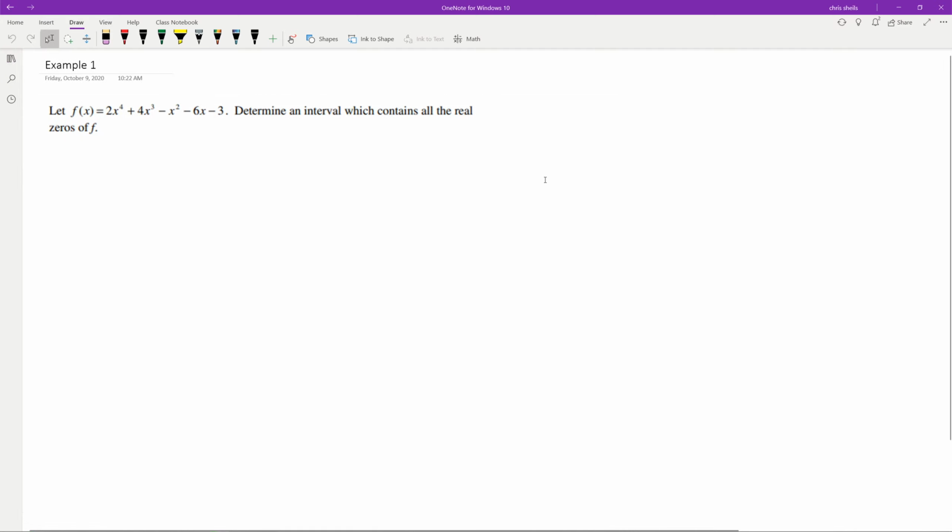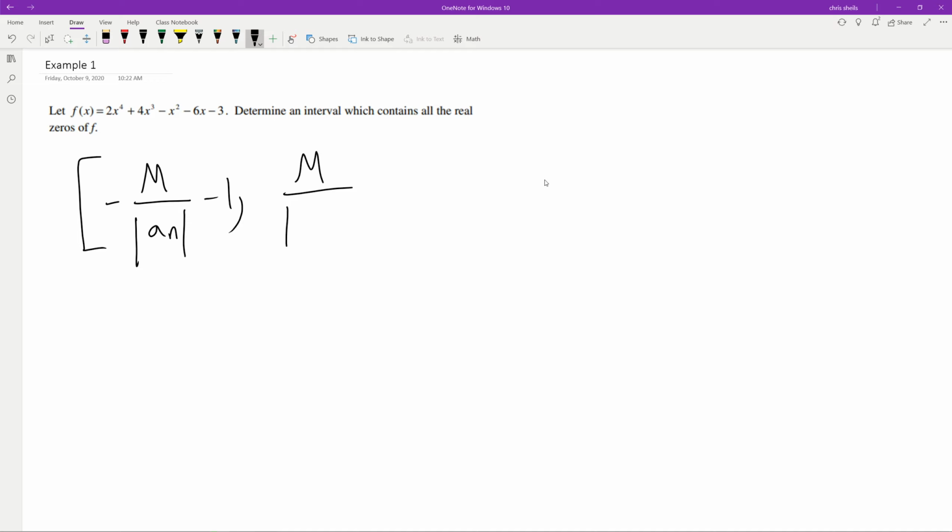Let f of x equal 2x to the fourth plus 4x cubed minus x squared minus 6x minus 3. Determine an interval which contains all the real zeros of f. So our Cauchy's bound is, let's just recall from the last page, negative m over absolute value of a sub n minus 1, m over absolute value of a sub n plus 1.